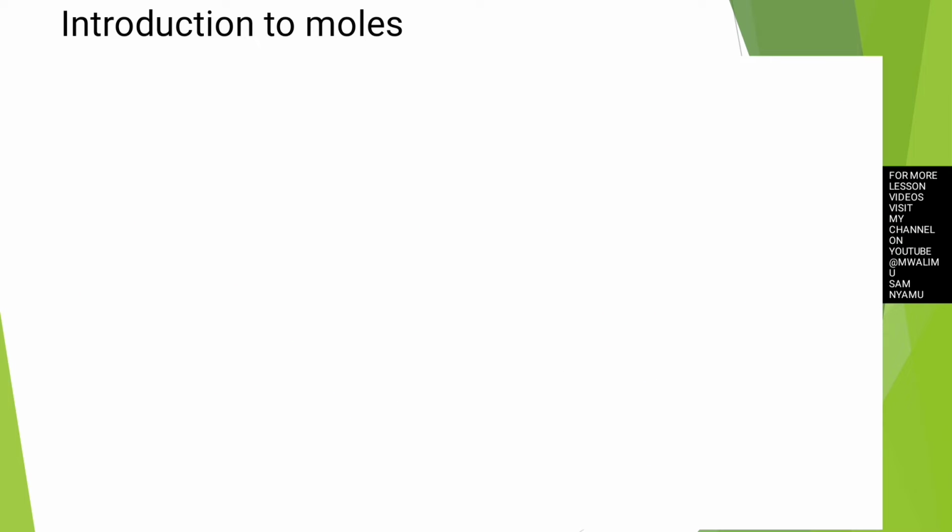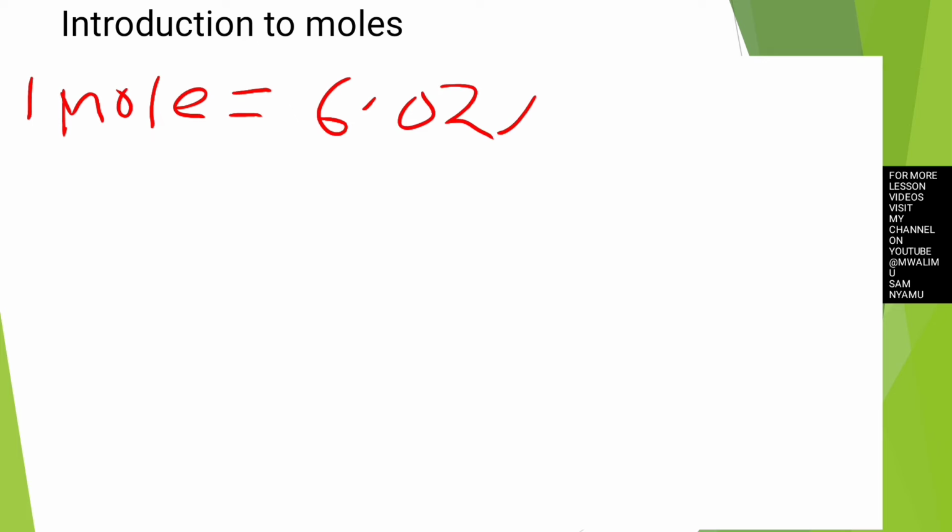So ideally we can simplify this as follows. We have 1 mole of any substance is equal to 6.02 times 10 to power 23. And the 23 in this case is the power when writing the number in standard form.